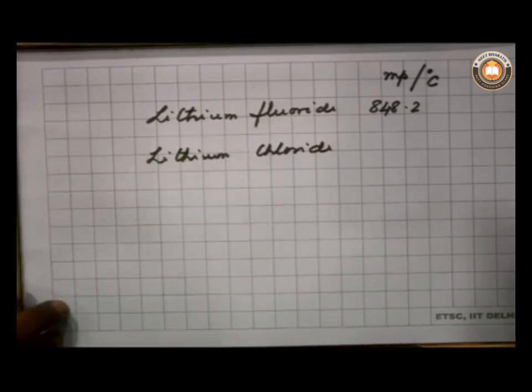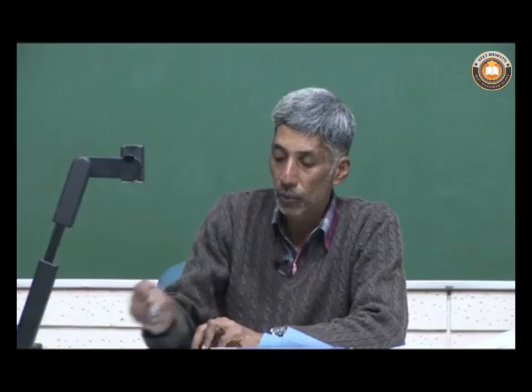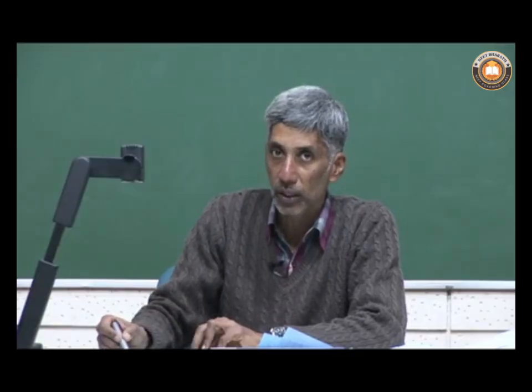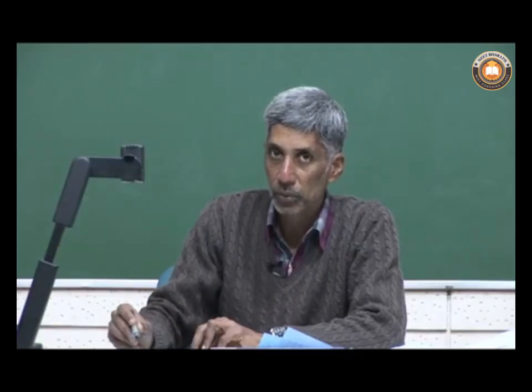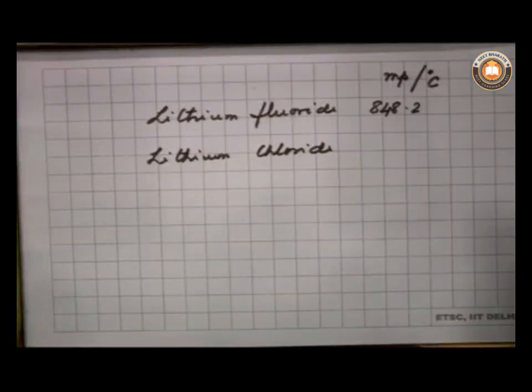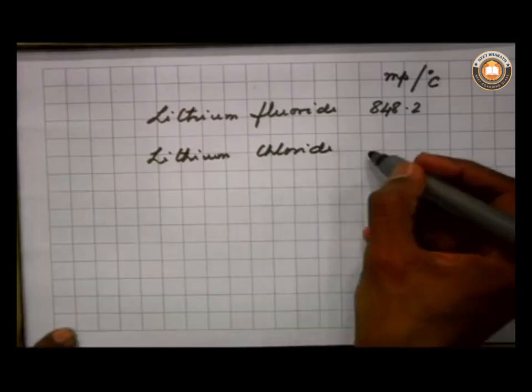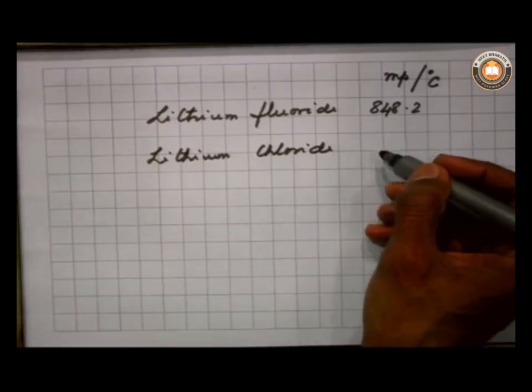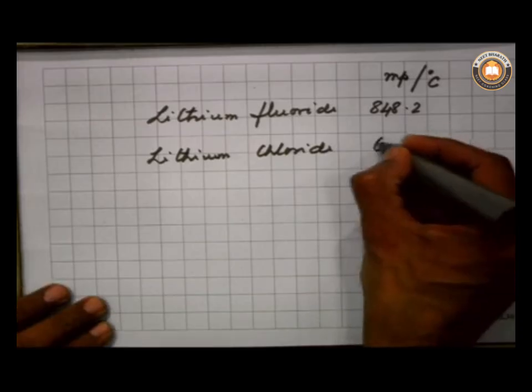So, as you go down the periodic table, we know that the size of the ion would increase, which means that the same negative charge is distributed over a larger space. So, you expect that this interaction between lithium and chlorine would be smaller than the interaction between lithium and fluorine. As a result, we expect that the melting point of lithium chloride would be smaller, and it turns out to be 610.